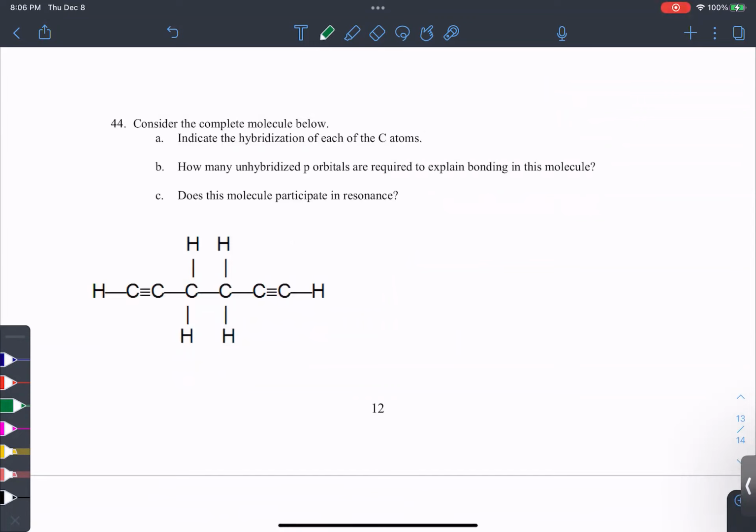44. Consider this molecule. What's the hybridization of each of the carbon atoms? So remember my trick here for hybridization.